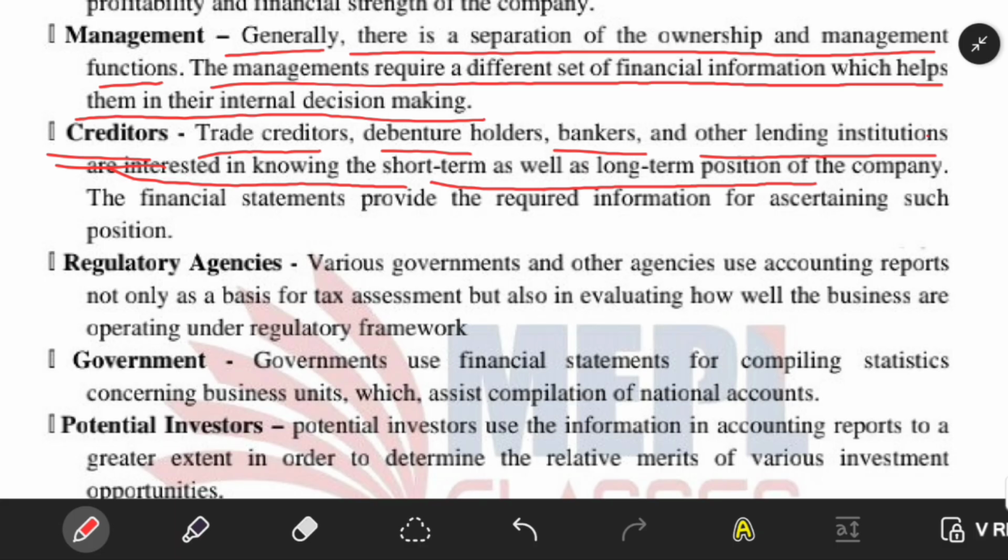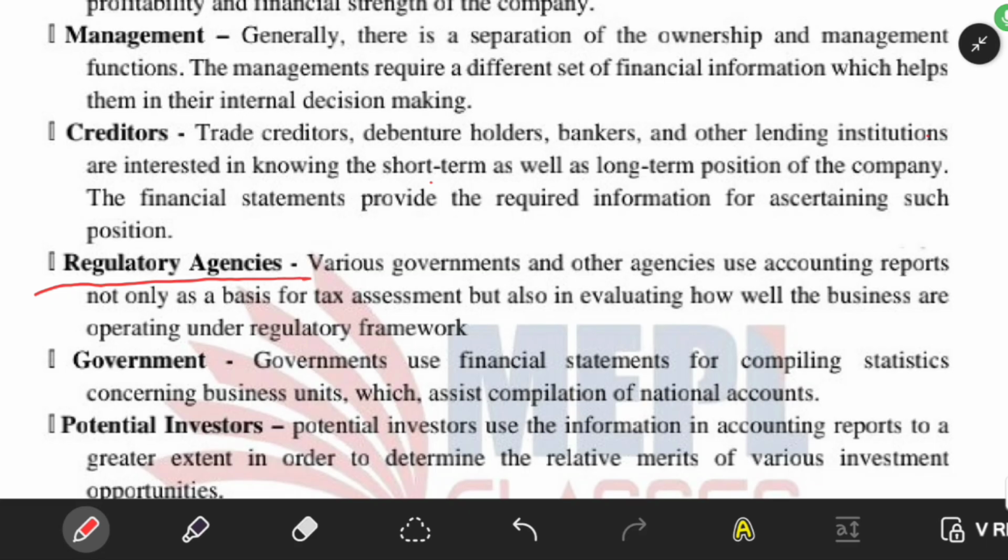They check accounting reports to know the financial position of the business. They want to make sure that the company has enough money to repay the loan or credit. If the reports look good, they feel confident to give credit. So the financial statements provide the required information for ascertaining such position.